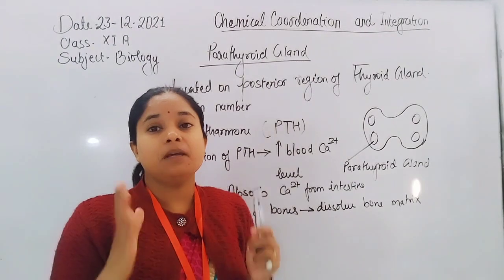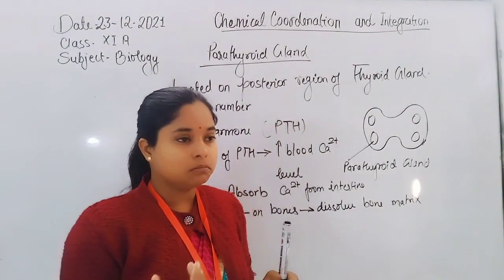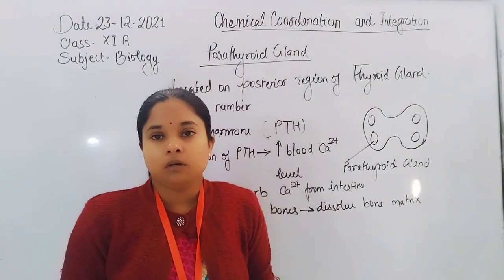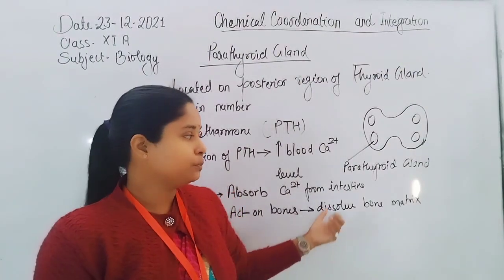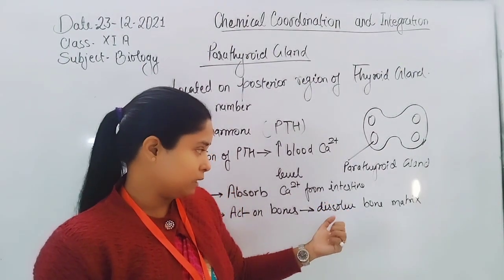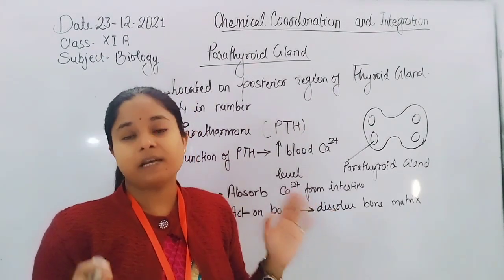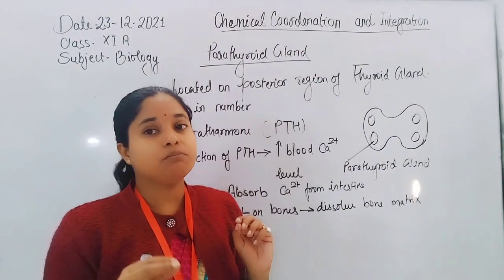So calcium ion has major functions, and if we are not taking calcium in our diet, our body secretes a hormone that targets the bone cells, the osteocytes, for the secretion of enzyme that dissolves the calcium present in the bone matrix.